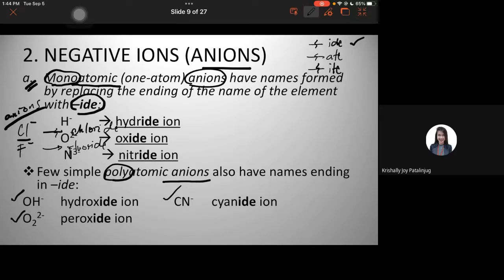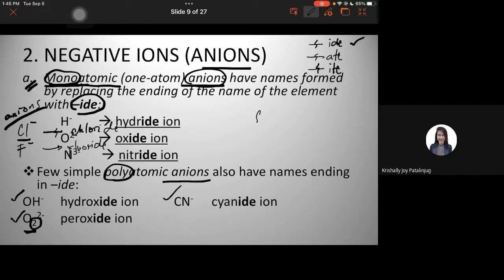They are polyatomic already because it's not only a single atom, but a combination of more than one atom. So these are polyatomic anions that end with IDE. There are only three of them. The rest, the monoatomic single-atom anions, end with IDE.